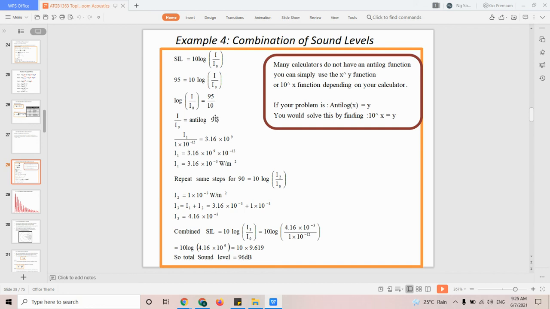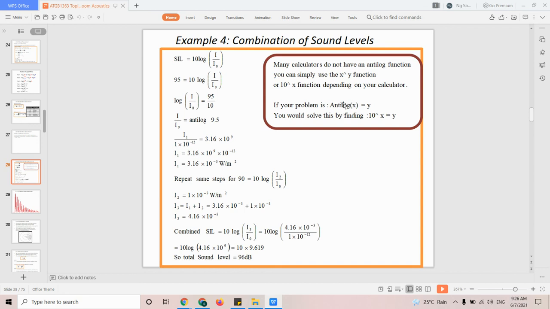So here, it's important for you to try. So when it comes to calculating logarithm, hopefully you still remember, on your calculator, if you do not have the anti-log function, you can just simply use x to the power of y function. So for example, if you have an anti-log of y, you can just do 10 to the power of x equals to y.